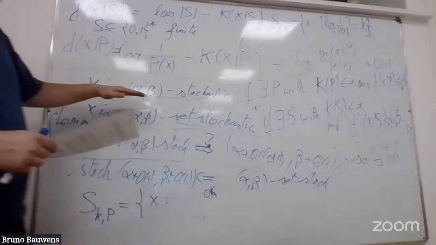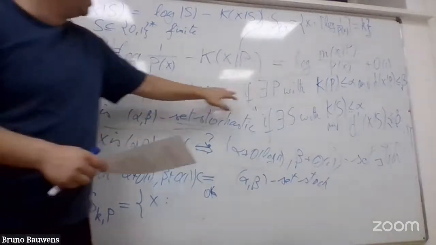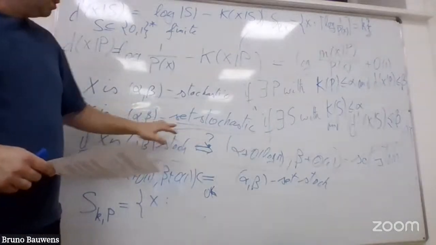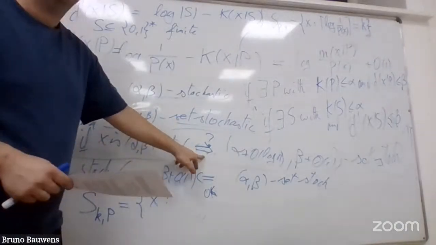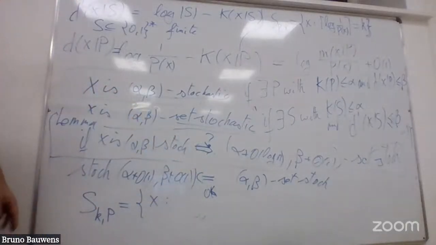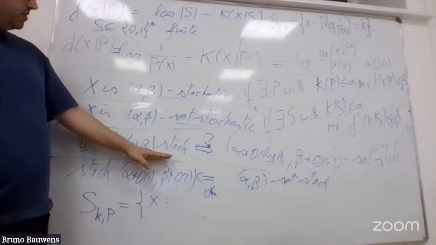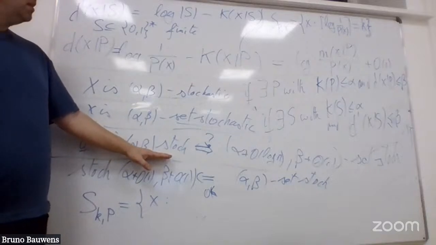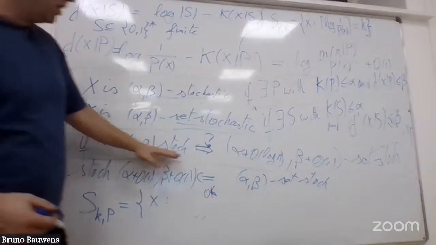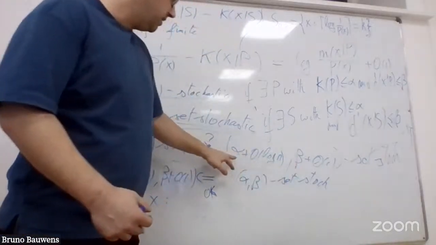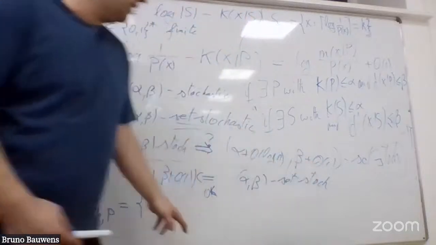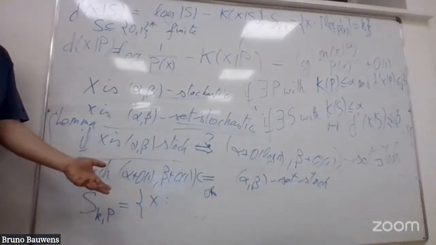And so we can define alpha beta stochasticity with probabilities, and here is the definition. So it's alpha beta stochastic. We have some measure P of complexity at most alpha and deficiency beta. We need to get a set with complexity at most alpha plus a bit more, and deficiency beta plus at most a constant.